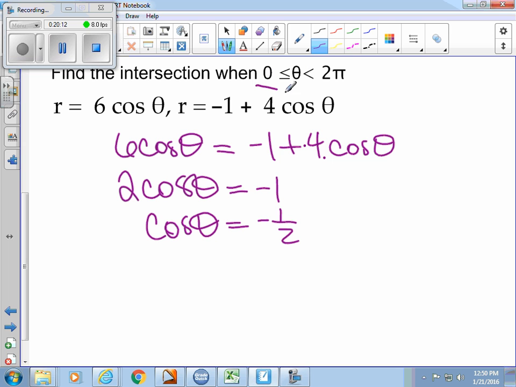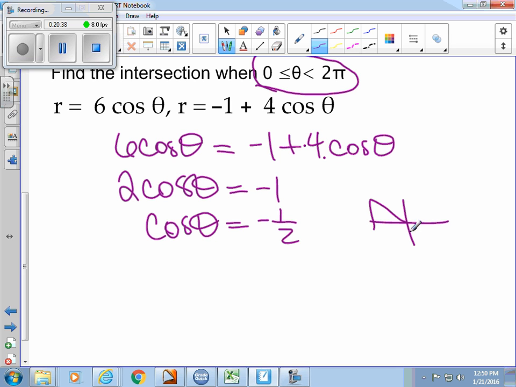I don't know, which one do I want? So there's more than one intersection, is what you're telling me. So I want both. If I were doing rectangular coordinates and a graph intersected twice, would I want both? I want both. All intersections from 0 to 2 pi.